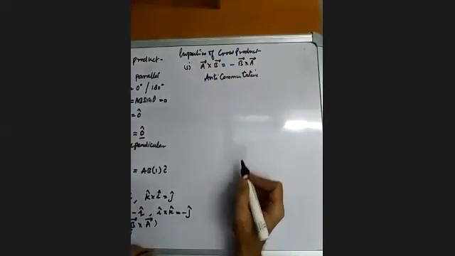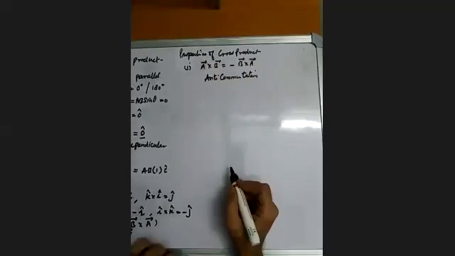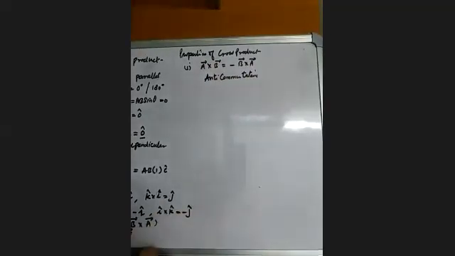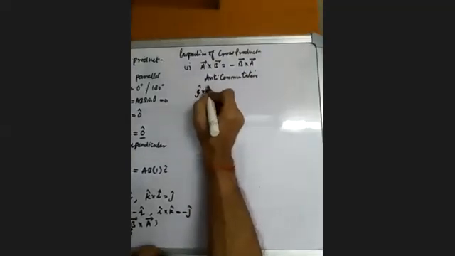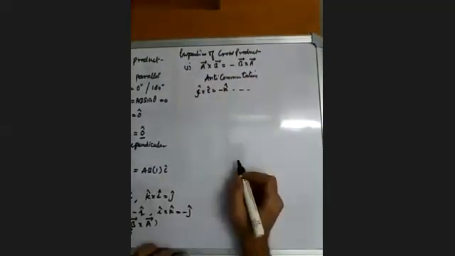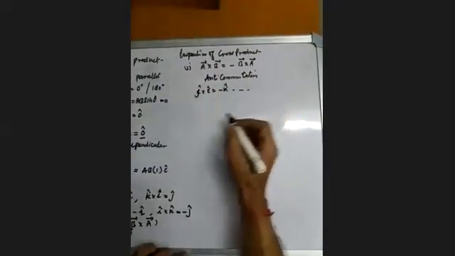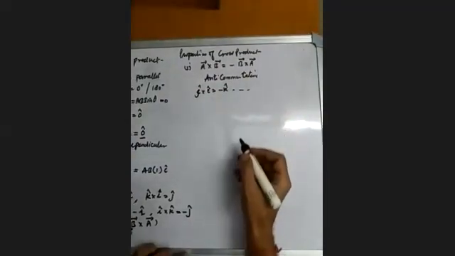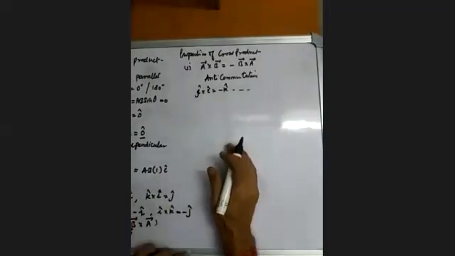And depending on this, we have said that j cross I is equal to minus k and so on. Okay, so we have already proved this with the help of the right hand screw rule as well as the right hand thumb rule a few minutes back.